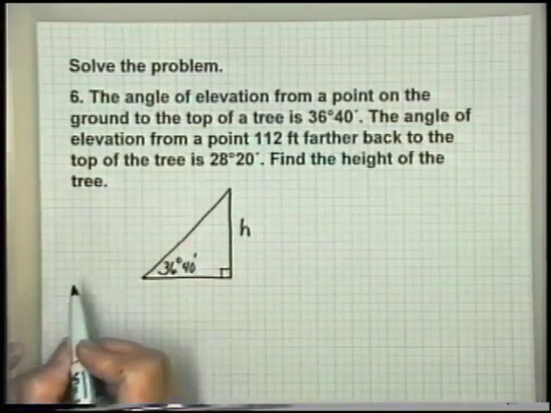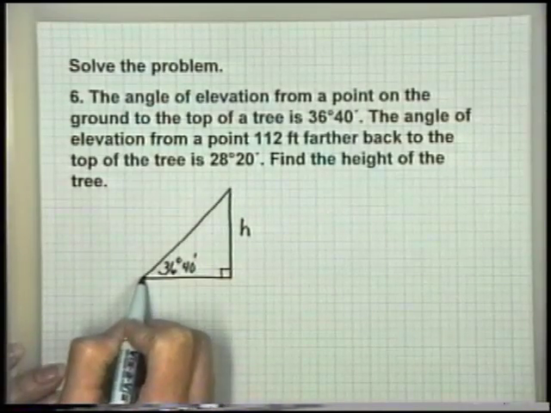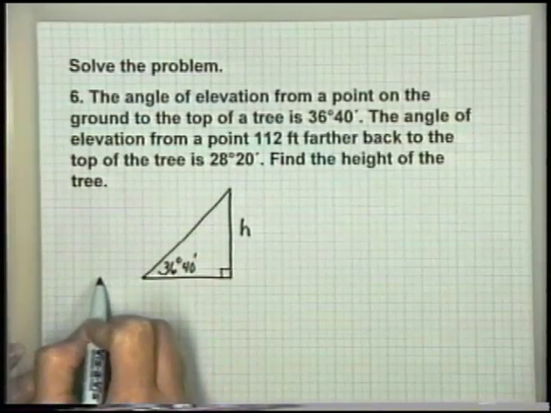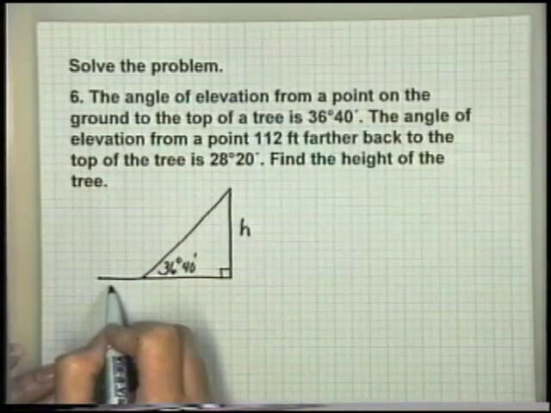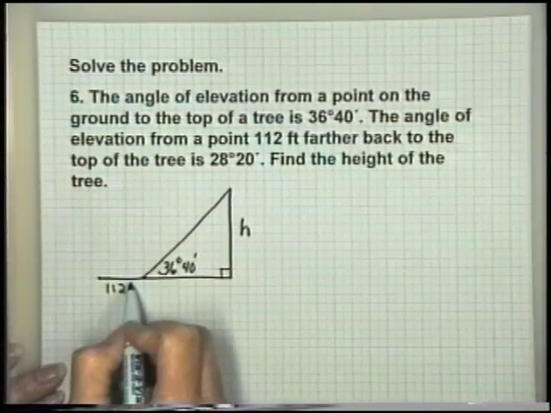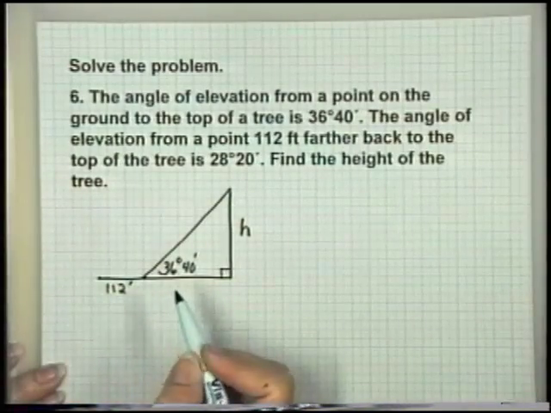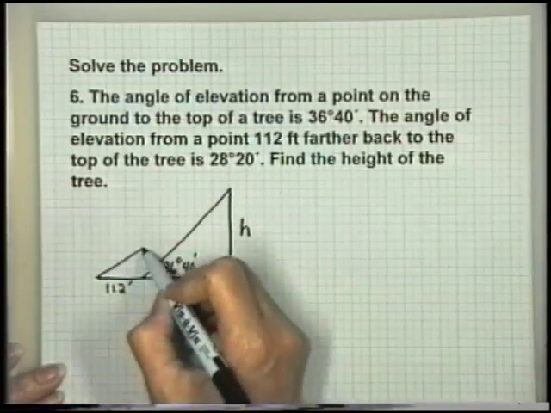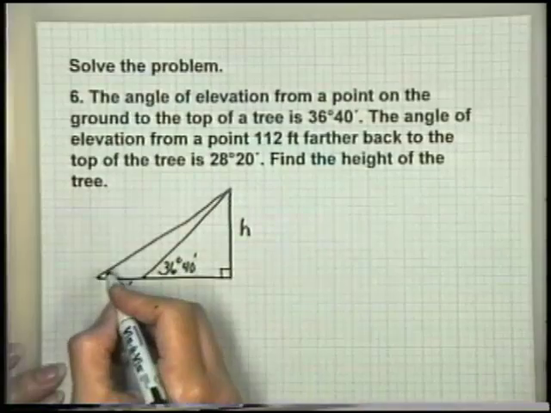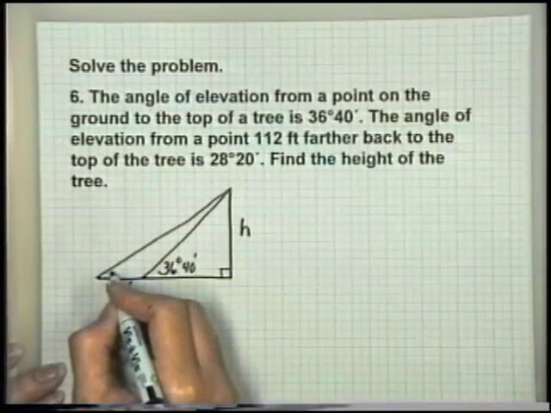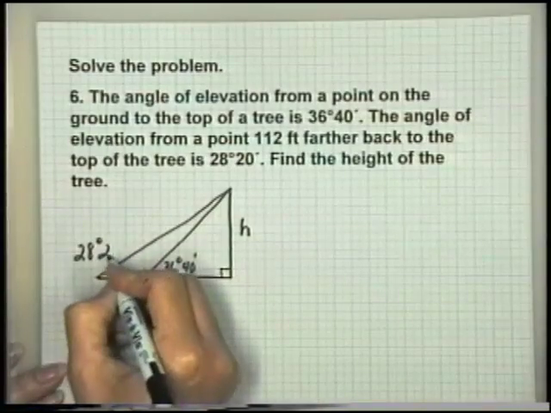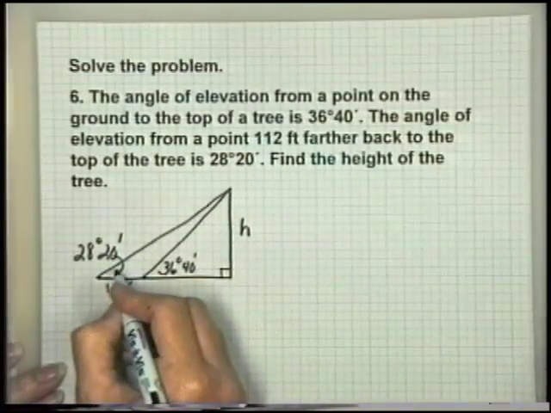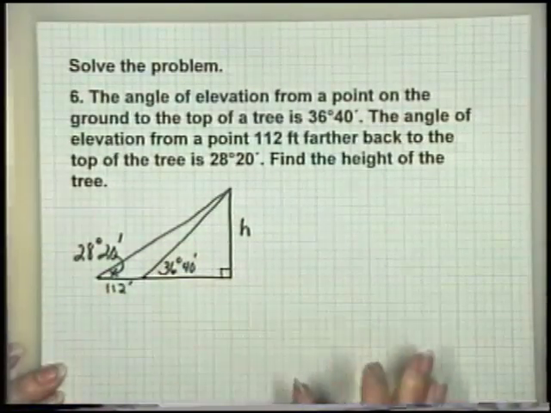And then we're given the angle of elevation from a point 112 feet further back. So we'll move back, and this distance right here is 112 feet, and then we're given the angle of elevation, which is, and I'll write it up here, 28 degrees 20 minutes.